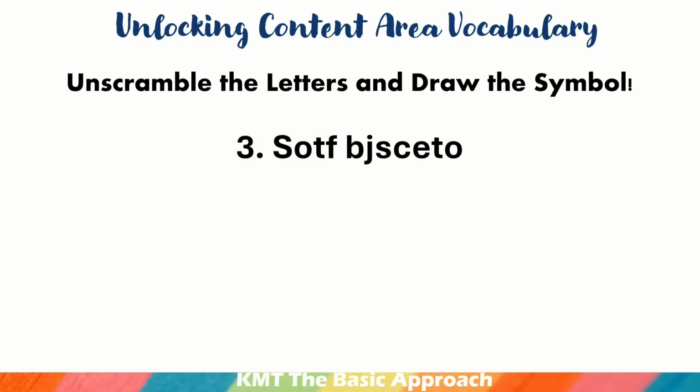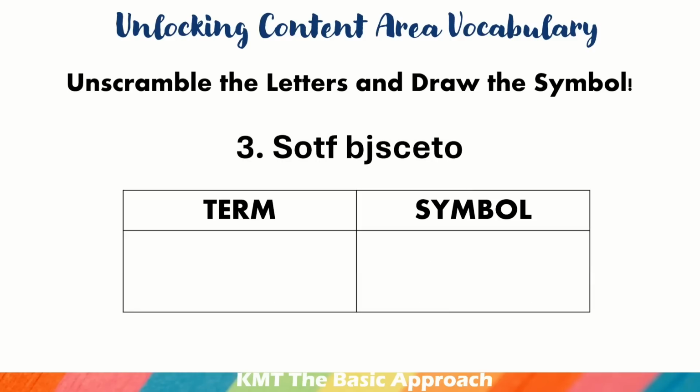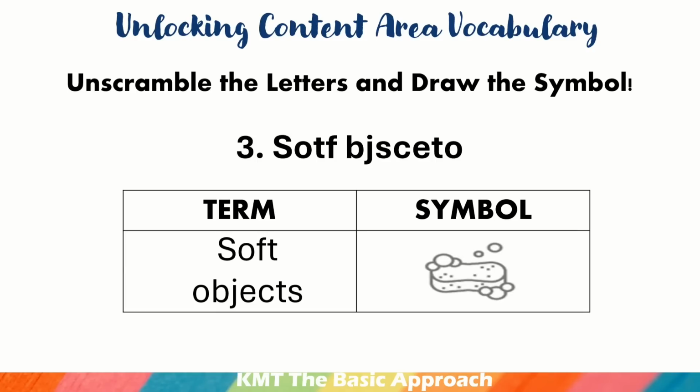Number 3. What is the correct term and symbol for this? Excellent! The correct term is soft objects, and the correct symbol is this.